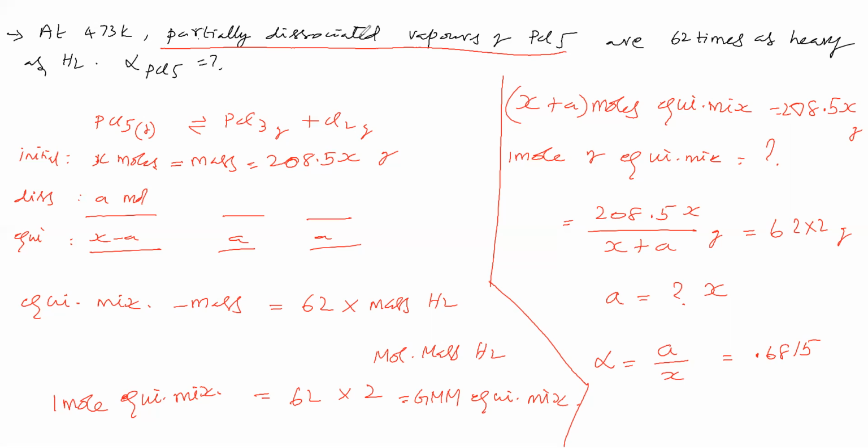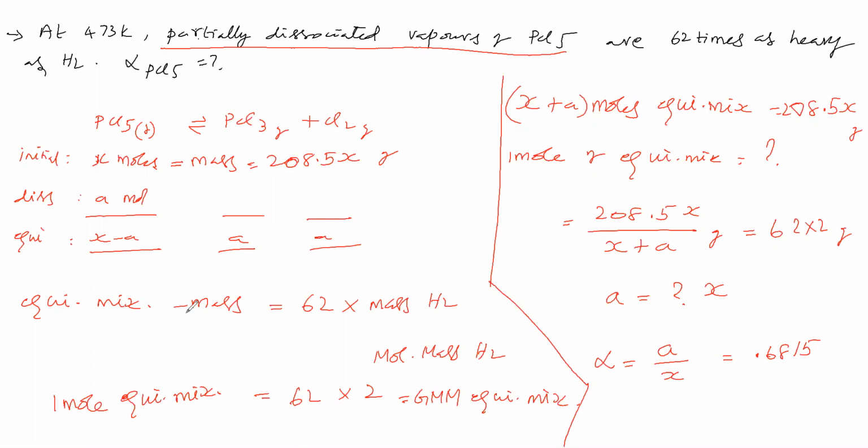So some amount of PCl5, some amount of PCl3, some amount of Cl2 will be there. At which condition do we have to take this? At equilibrium condition. So one assumption is the equilibrium condition.